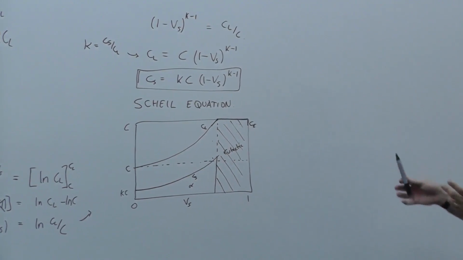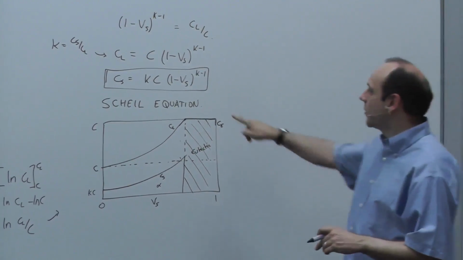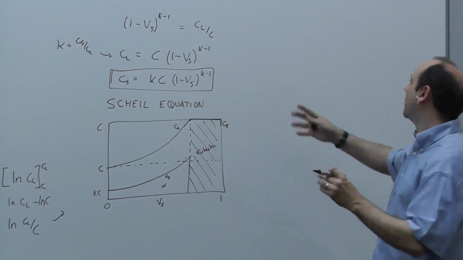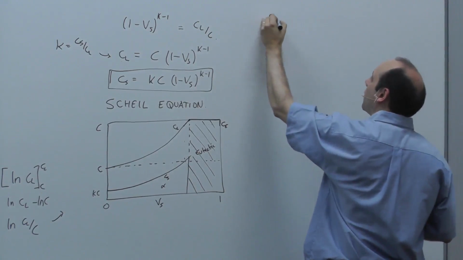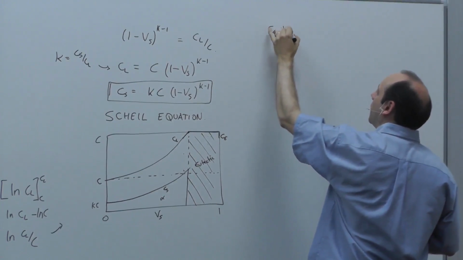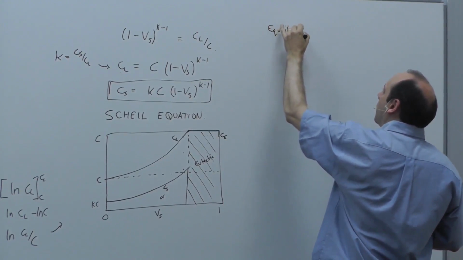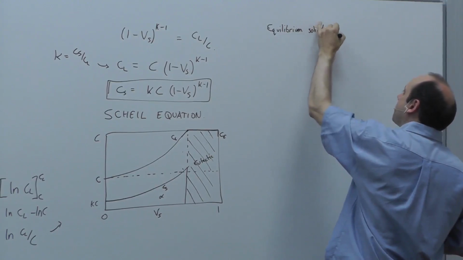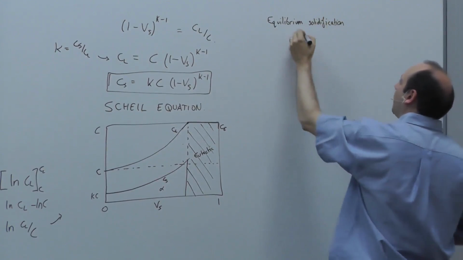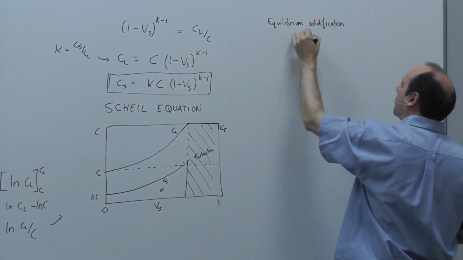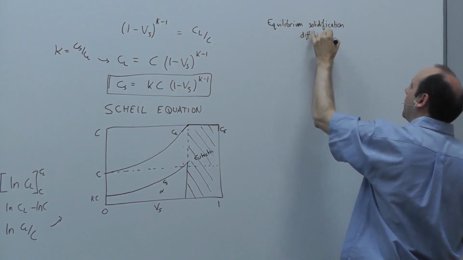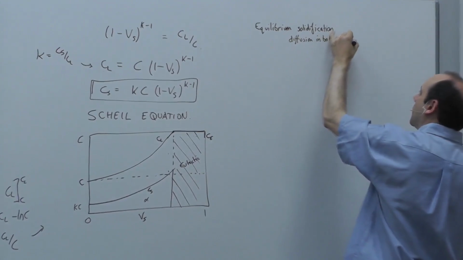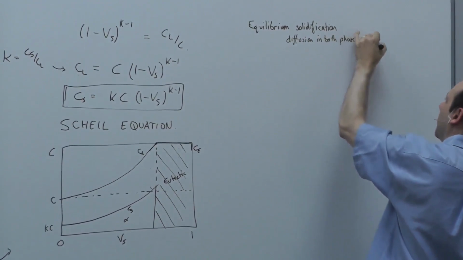So what effectively we're saying is that the Scheil equation forms the other bound. So there are two limits bounding solidification. You can have equilibrium solidification, and that's where you have diffusion in both phases, both the solid and the liquid.